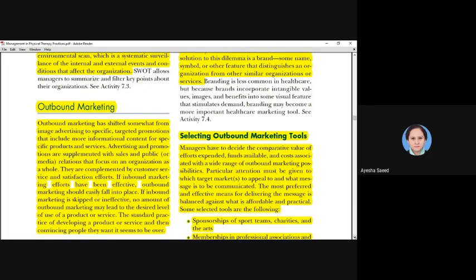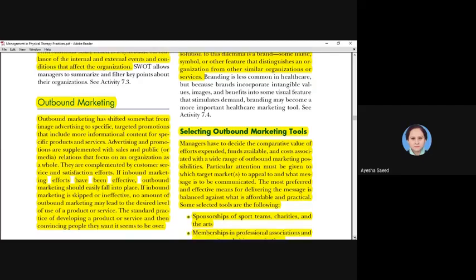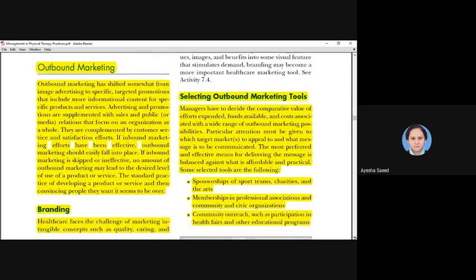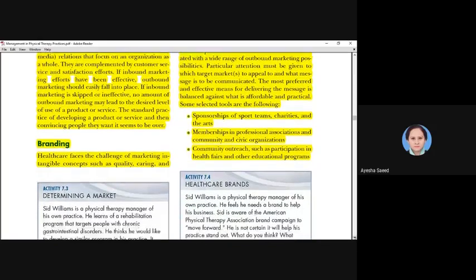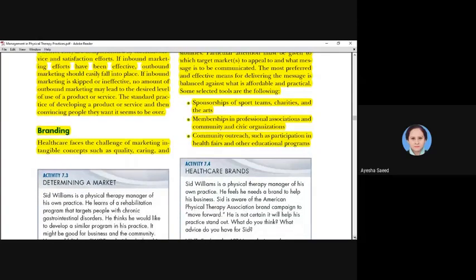Particular attention must be given to which target markets to appeal to and what message has to be communicated. The most preferred and effective means for delivering the message is balanced against what is affordable and practical. Some selected tools are given following. All of them or a few of them can be selected based on the needs of the healthcare professional.